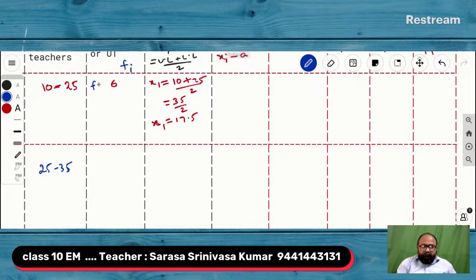So we note down F1 equal to 6, next F2, F2 equal to 11. Now we find x2. x2 equal to lower limit plus upper limit by 2. So 25 plus 35 by 2. So it is 60 by 2. Therefore we get x2 equal to 30.